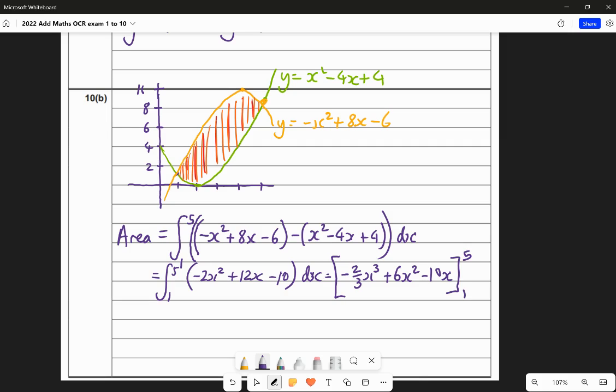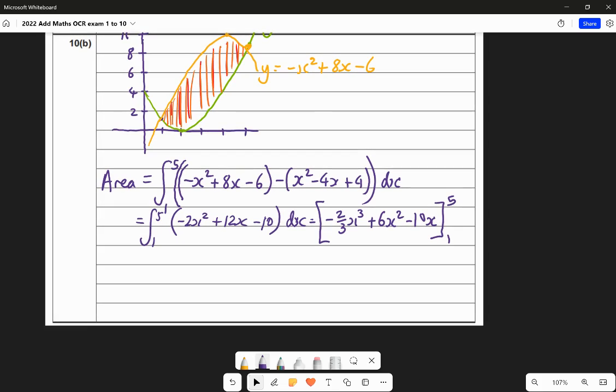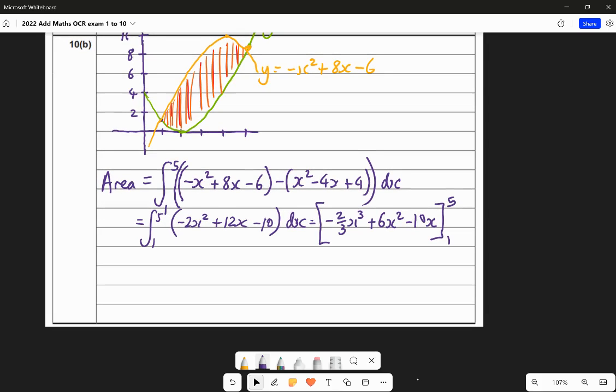So I now substitute 5 in, and I substitute 1 in into those terms, and I subtract the answers from each other. If I substitute 5 in, I get in total 50/3. If I substitute 1 in, I get negative 14/3.